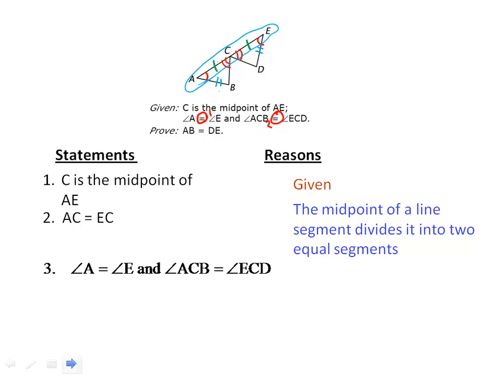So anytime I have two statements that are both given, I can put them in one statement. Or if they're two things equal to each other for the same reason, if you have a pair of those, you can do it all in one step. Okay, so this is given. Do I have three equality statements? I do.